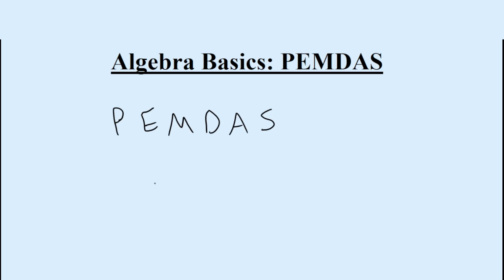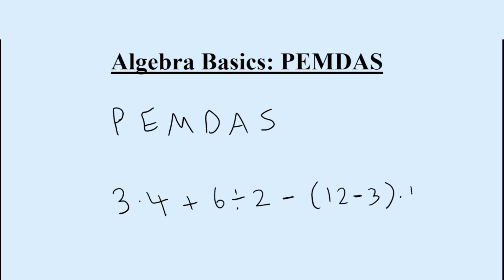So let's start with this expression right here. Let's say we have this really big expression, 3 times 4 plus 6 divided by 2 minus, in parentheses, 12 minus 3 times 4 divided by 3 to the power of 2, or 3 squared.